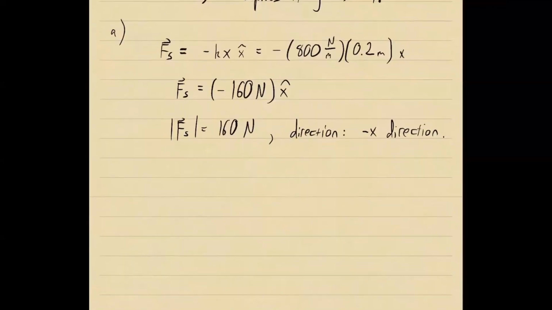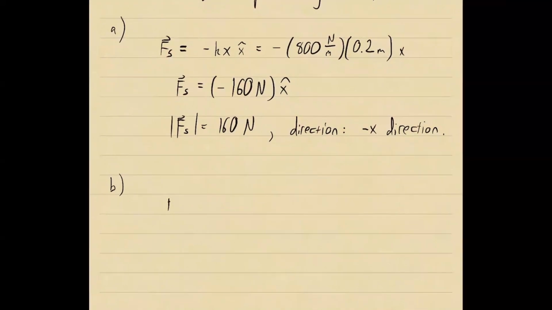So that's part A. Now let's look at part B. We're going to do the same thing. We're going to calculate the spring force of the spring when we compress it by 0.3 meters. So this is our Hooke's law, and now we just plug stuff in. So it's minus k. k hasn't changed. That's still 800 newtons per meter.